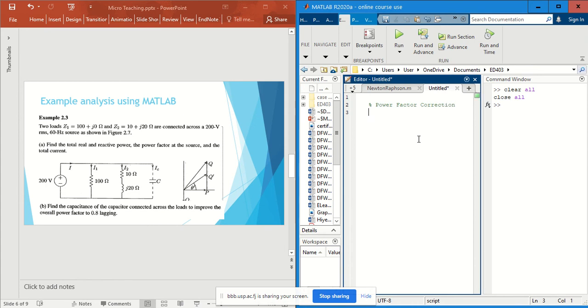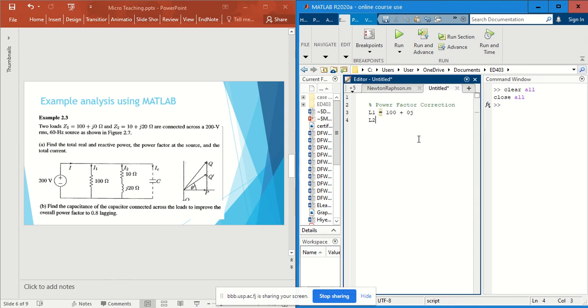Alright, so first thing that we're going to note down is the values that are given. So we are given the value of load 1. So I'll say L1 is equal to 100 plus 0j. Okay, there is no reactive part to it.